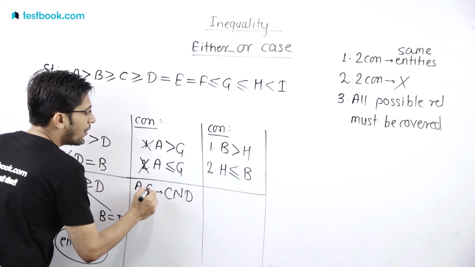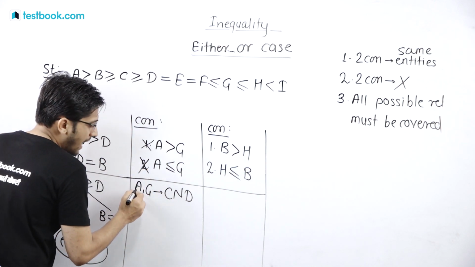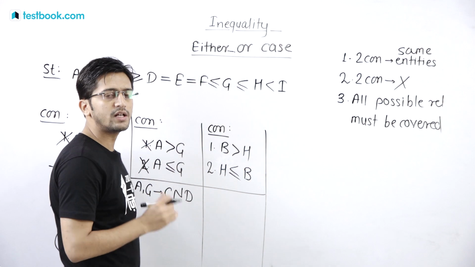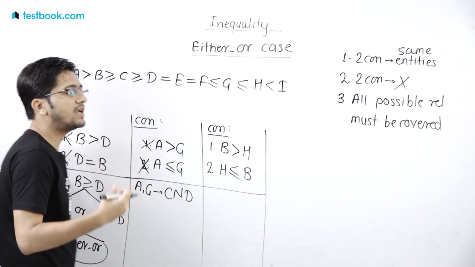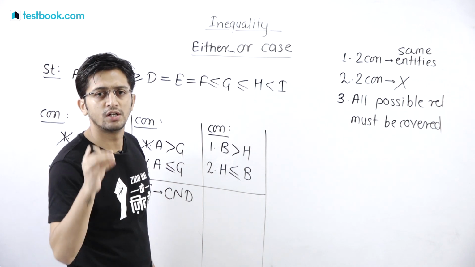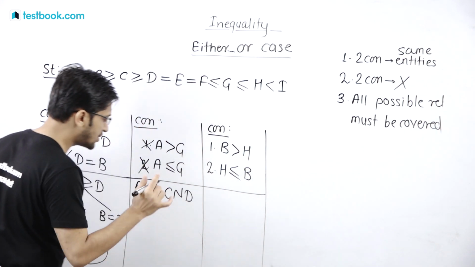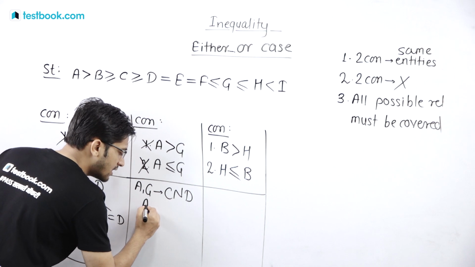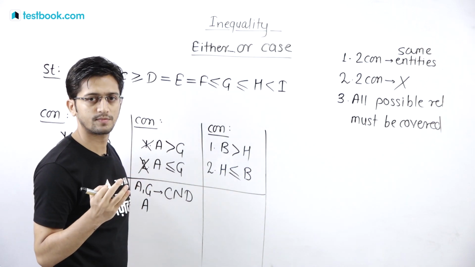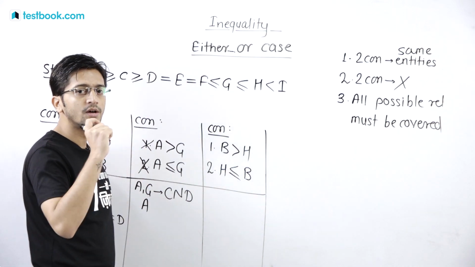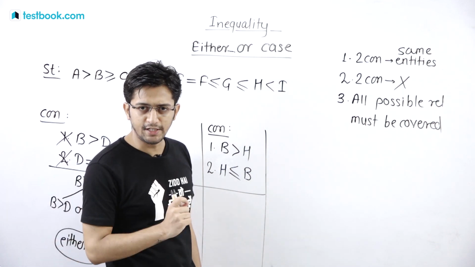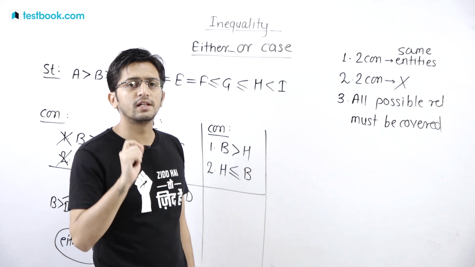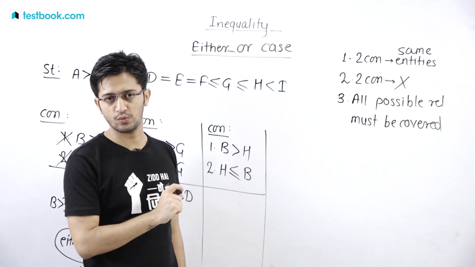Now check all the possible relations, as here the relation between A and G cannot be determined. What could be the possible relations that can exist between A and G? The answer is there can be 3 possible relations. We have discussed it. Whenever between any 2 entities we cannot determine a relation, all the relations can exist between those 2 entities.